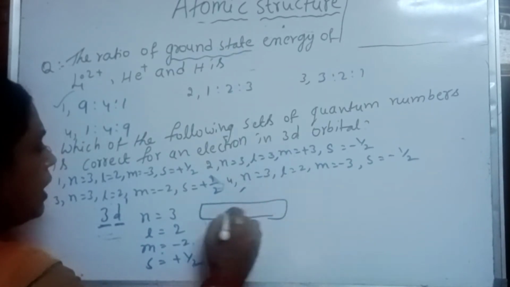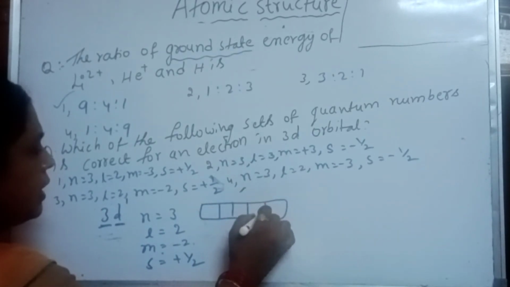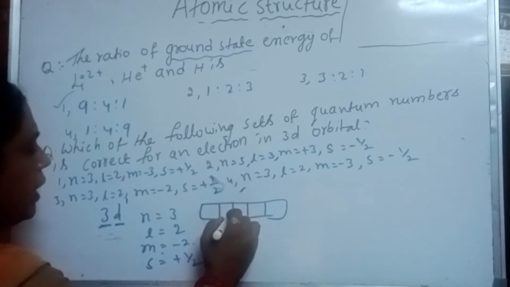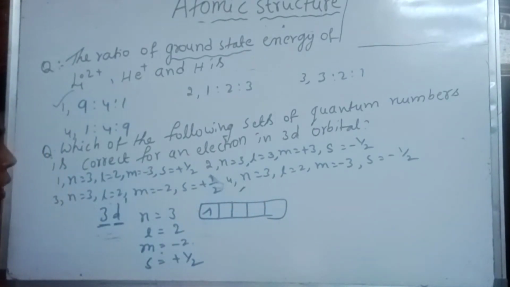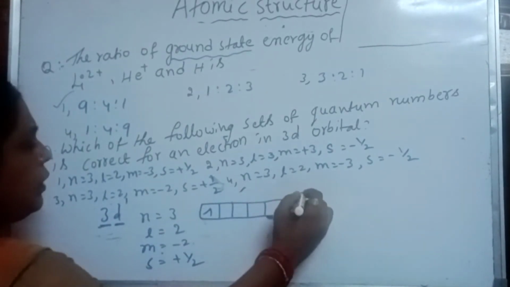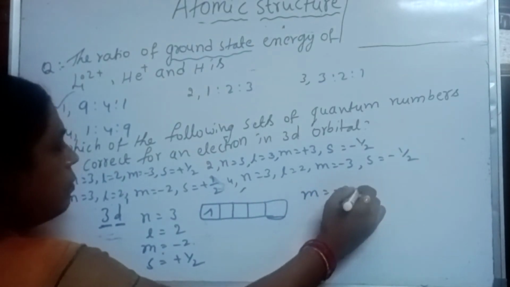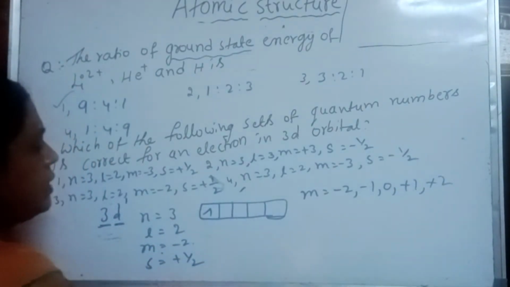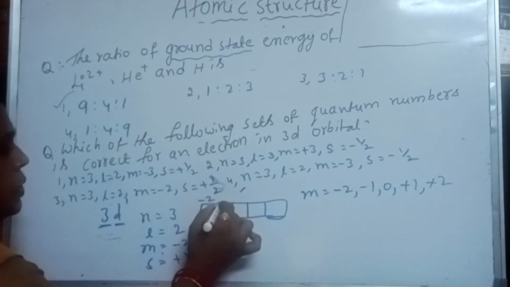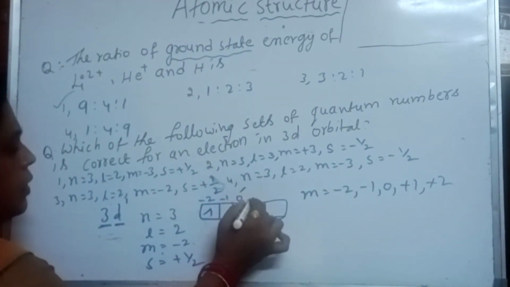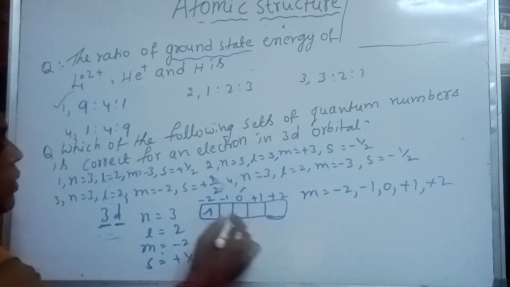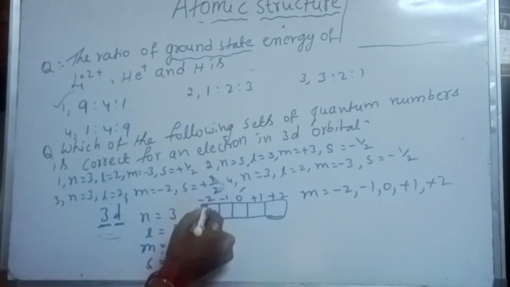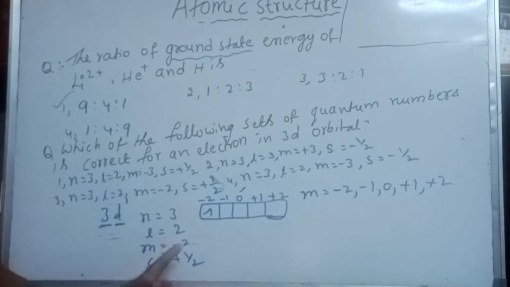How many d orbitals are there? 5, this is basic: 1, 2, 3, 4, 5. When l is 2, the possible m values are minus 2, minus 1, 0, plus 1, plus 2. The electron is present in the first orbital, so m is minus 2 and s is plus 1 by 2.